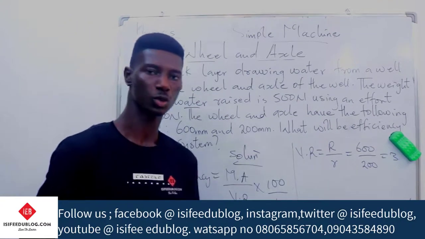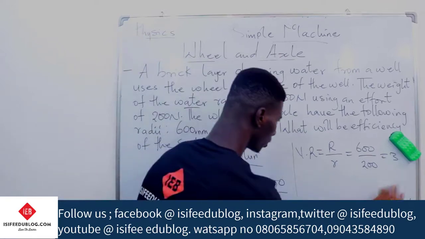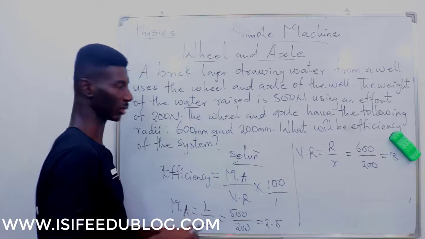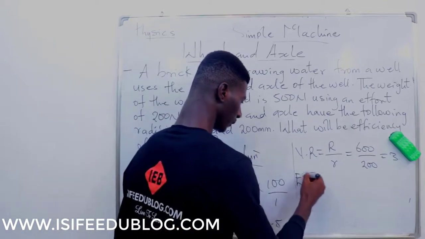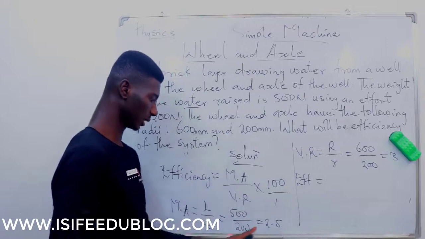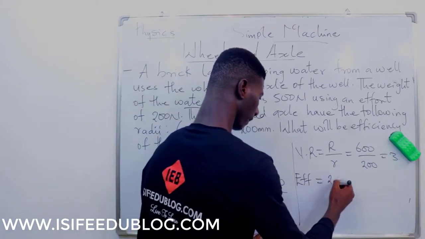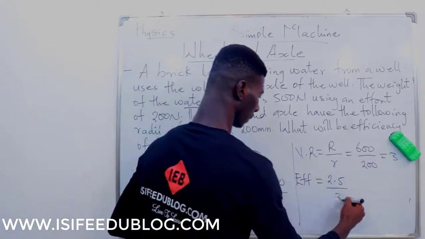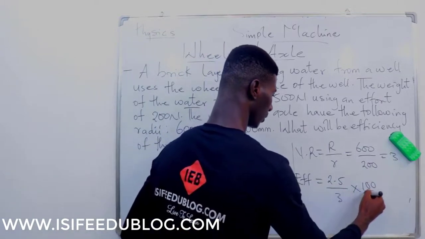Mechanical advantage is 2.5. We just need to pick these two values and input them in our formula to get our efficiency. Therefore, our efficiency is mechanical advantage 2.5 divided by velocity ratio 3, times 100 over 1.